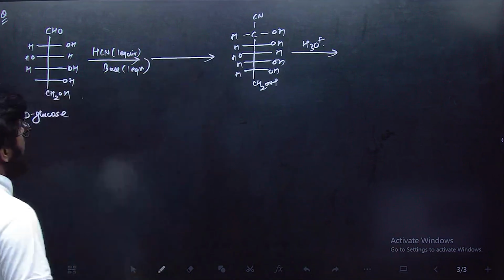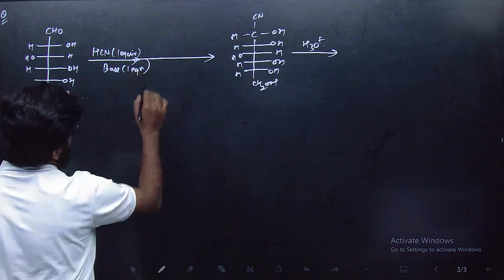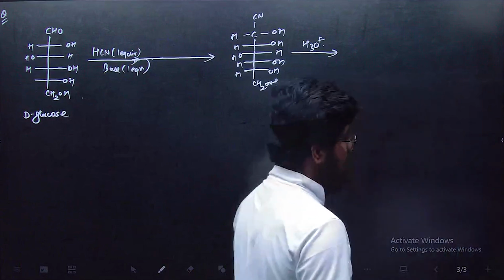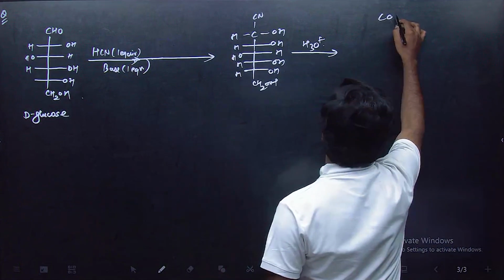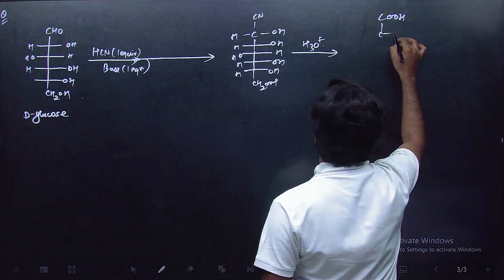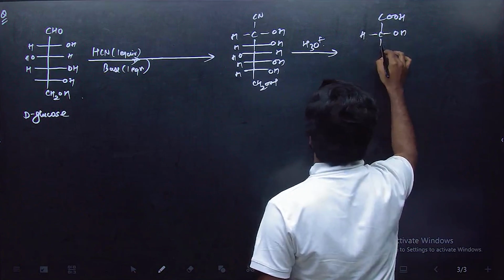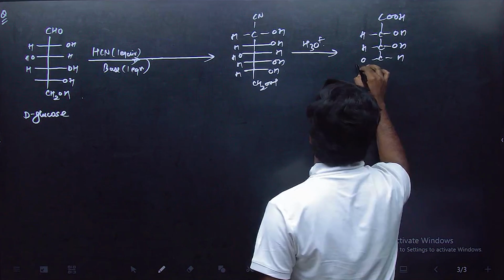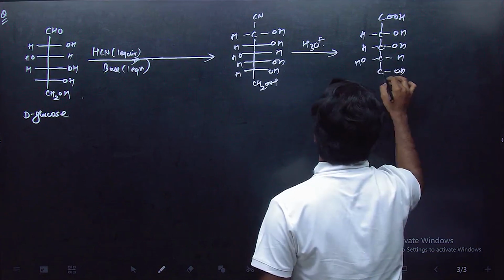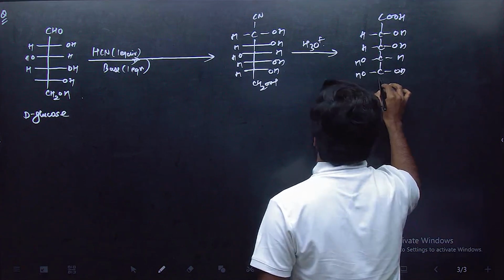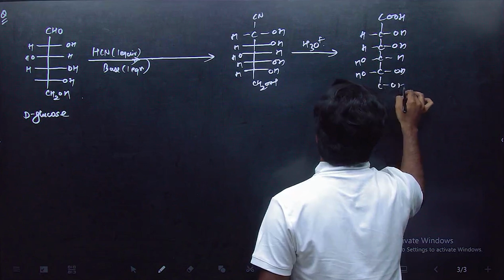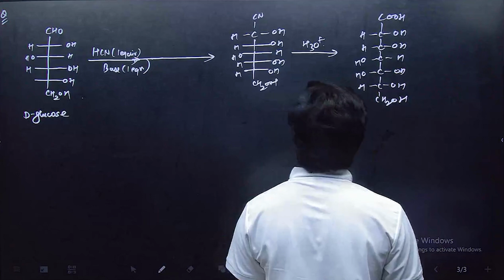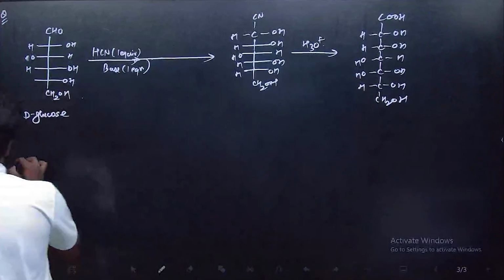So there's no need for hydrolysis. This is the only step. No need for hydrolysis here. So what will you get if you hydrolyze this cyanide? So basically it will be converted to acid. So this is what we need to understand, right? Done? So nicely done.